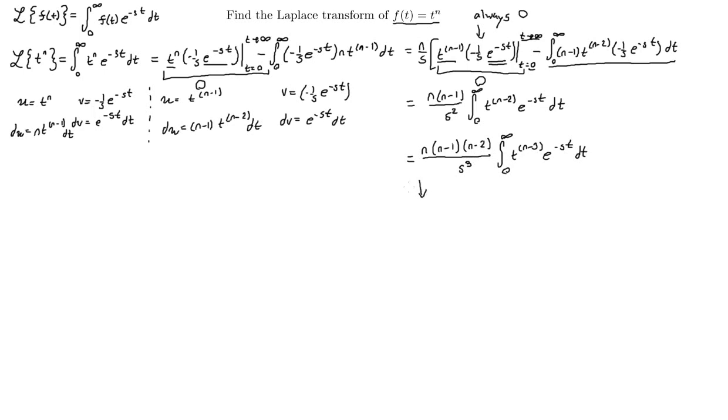If I keep doing this, eventually it's going to come to a point where it's n times n minus 1 times n minus 2 times n minus 3, and we keep going, and eventually we get to 3 times 2 times 1, right?